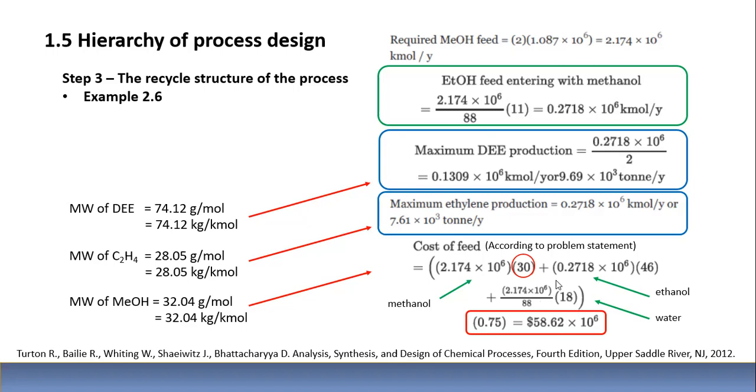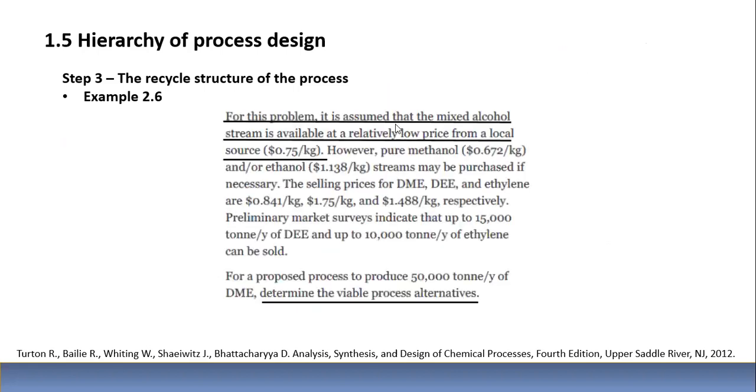Then we multiply times 0.01 and then the molecular weight, 18, of water. And that should give the mixture coming in. It says 75 cents. The mixture coming in is 75 cents per kilogram.